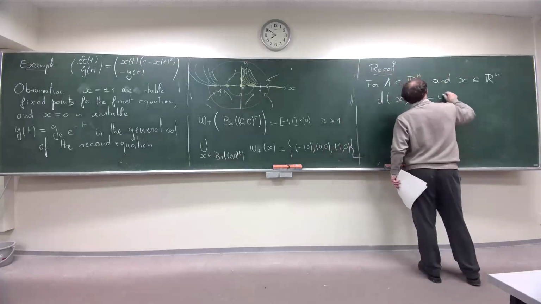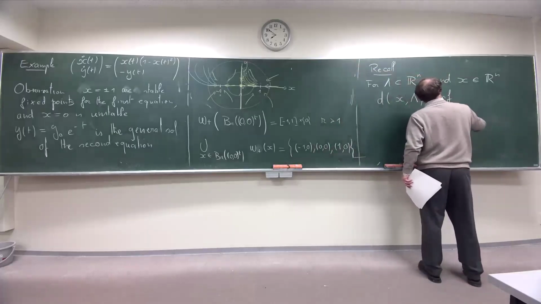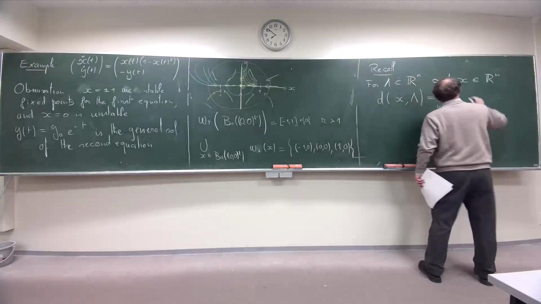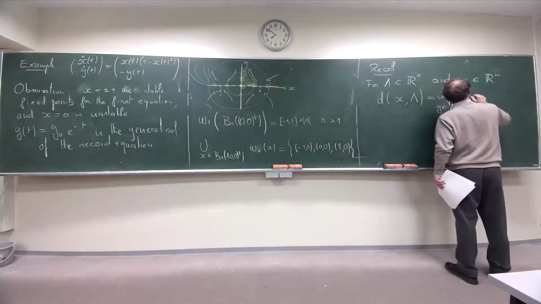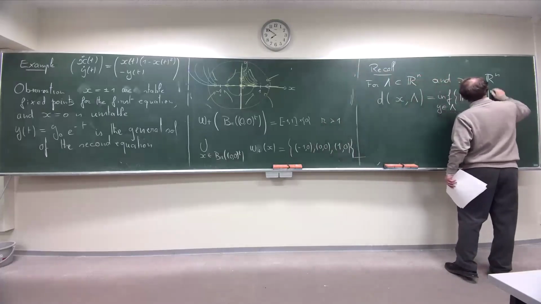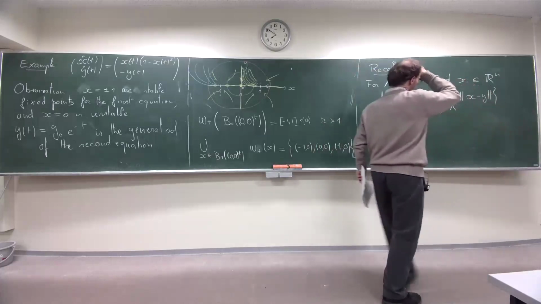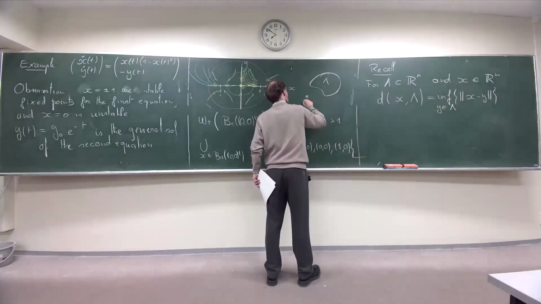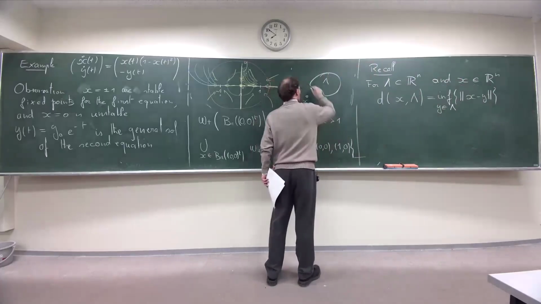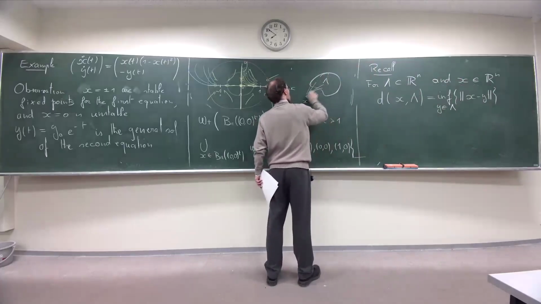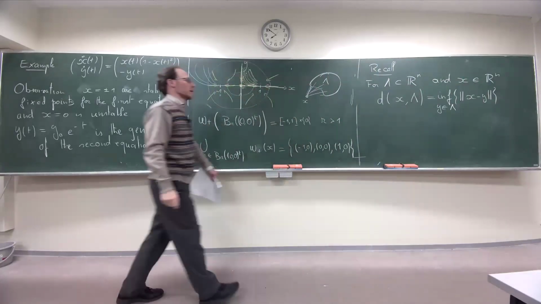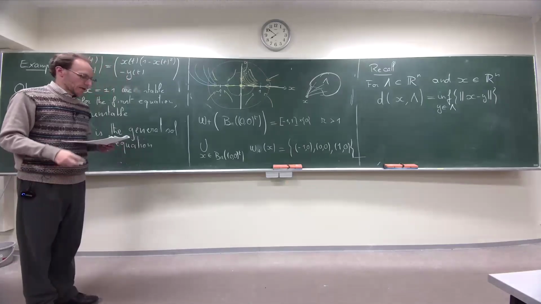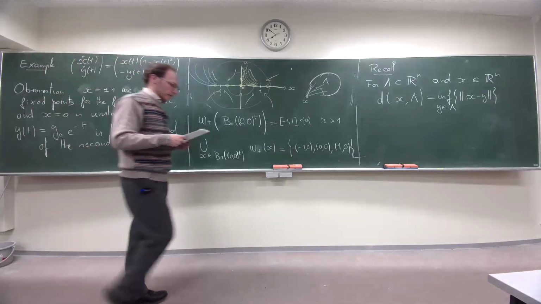This is the infimum over all y in this set lambda of the Euclidean distance |x - y|. This is quite natural. If you have a set lambda and a point x, you look at all distances, and then you try to find the minimal one, and it gives you the distance between the set lambda and x.